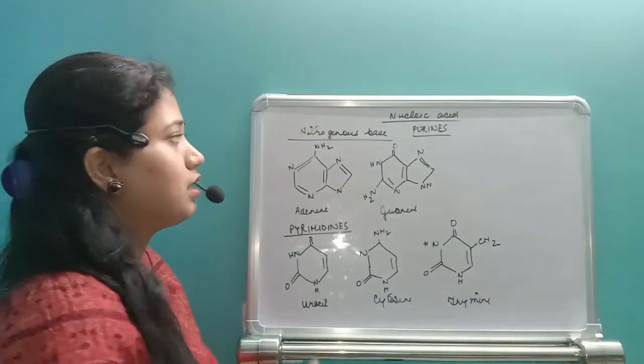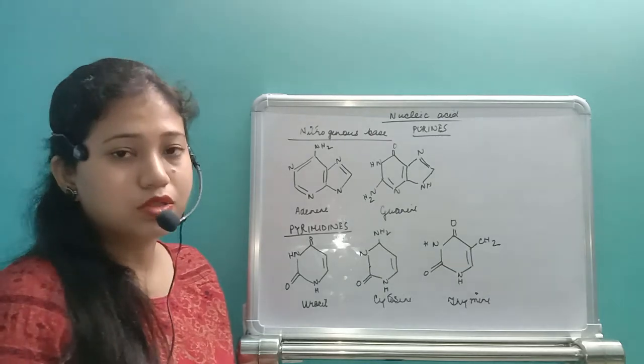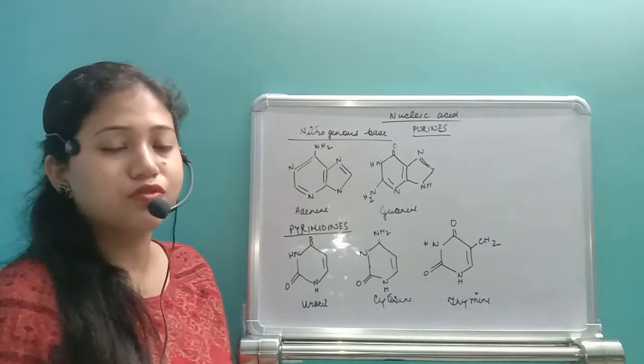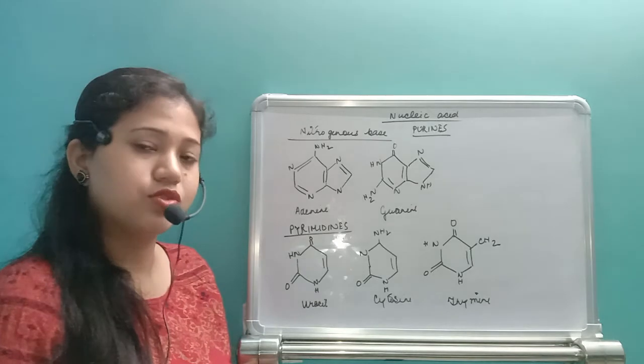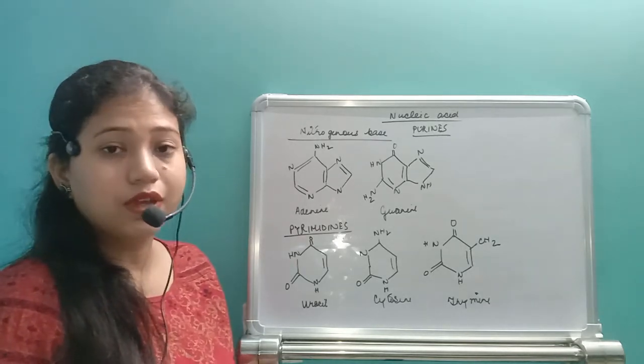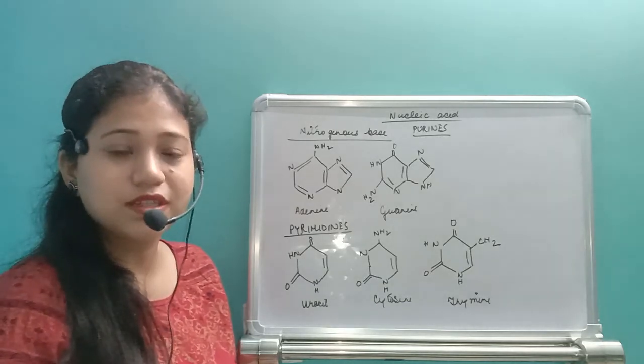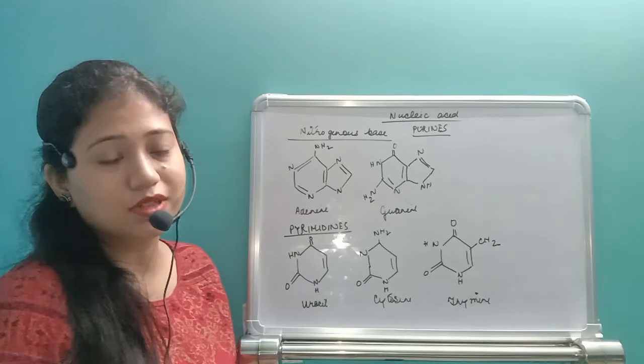After that, let us see the next type of monomer present in the genetic material DNA or RNA. First one we have seen are the ribose and deoxyribose sugar. After that, the nitrogenous bases. We have seen that there are two types of nitrogenous bases. One is purine, another is pyrimidine.